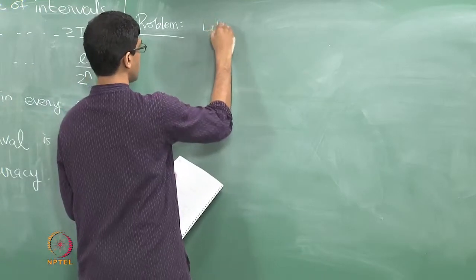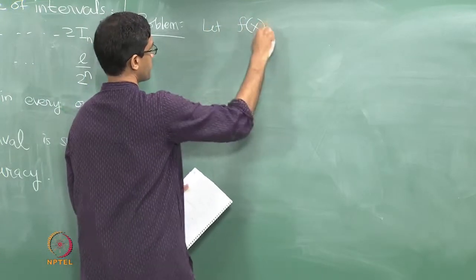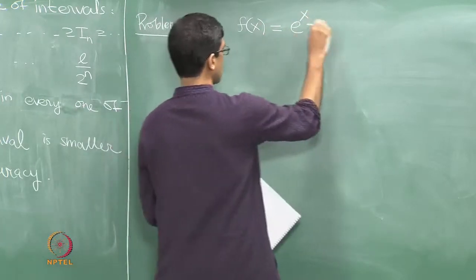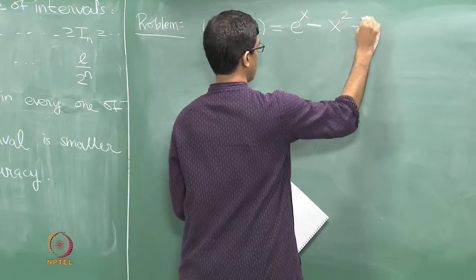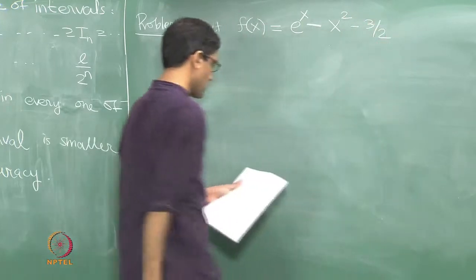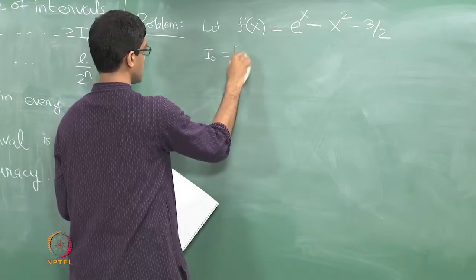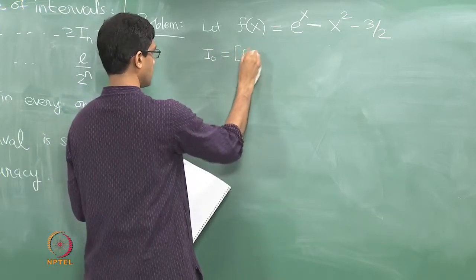You define a function. Let's say I take the function f of x is e power x minus x squared minus 3/2, and I'm going to take my interval I0 to be just the interval 0, 1.